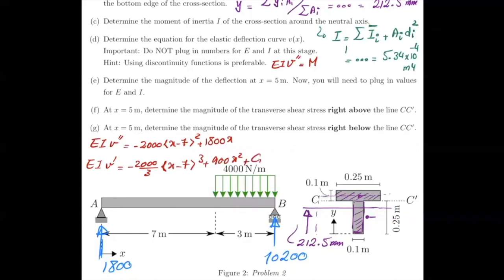And now you integrate again, you would get EI V equals minus 2000 divided by 4, which is 500 divided by 3, (x minus 7) to power 4, plus 300 x cubed, plus C1 x plus C2.